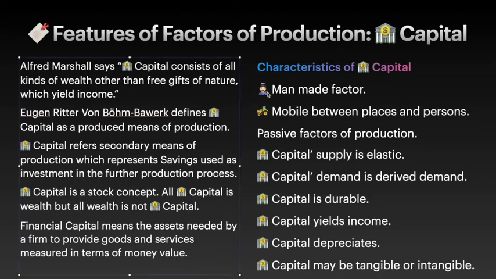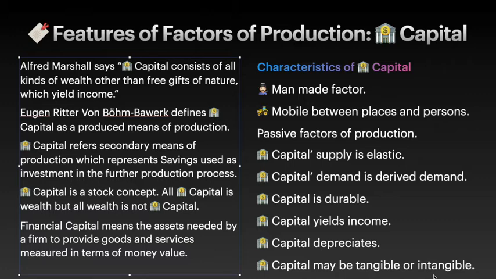Now, moving on to the different characteristics of capital. Capital is a man-made factor. It is mobile between places and persons, and it is a passive factor of production. Capital supply is elastic, capital's demand is derived demand, and it is durable, it yields income, it depreciates, and finally it can be tangible or intangible.